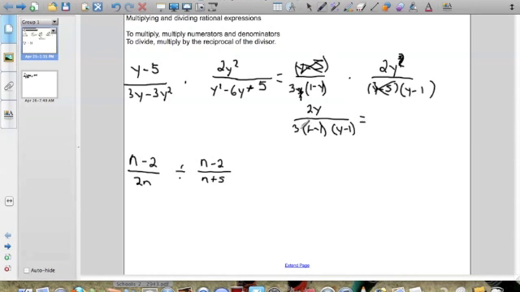Because this right here is 1 minus y, I can factor out a negative 1 and change that to y minus 1 times y minus 1, which simplifies down to 2y over negative 3 times y minus 1 squared. I would accept either one, but that would be the simplest version when you factor out that negative.